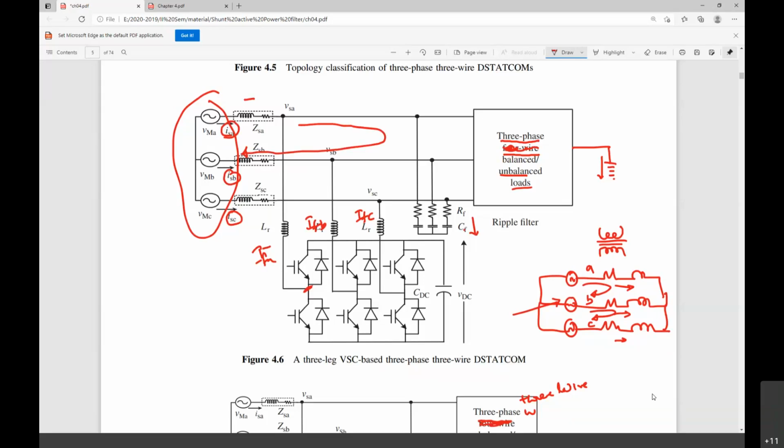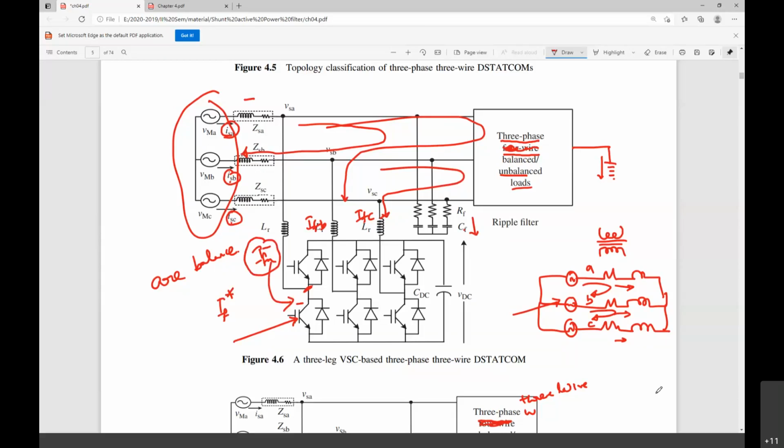The D-STATCOM, whichever is connected, is going to make the currents ISA, ISB and ISC balanced. In that case, the circulating currents may flow through the B phase, or instead of flowing to this, it is going to flow through this particular phase also. We need to develop a theory for the filter currents in order to make the circulating currents flow in this direction.